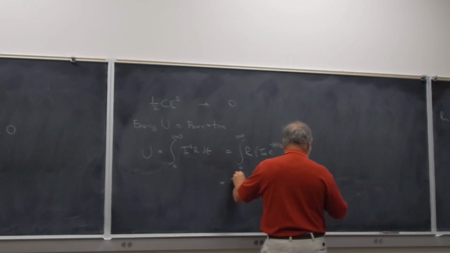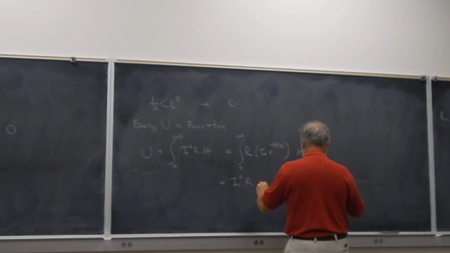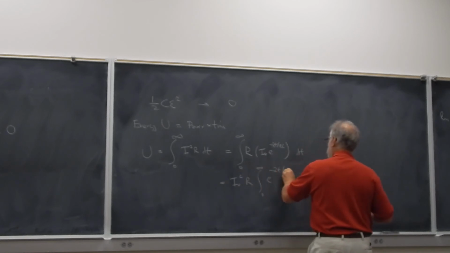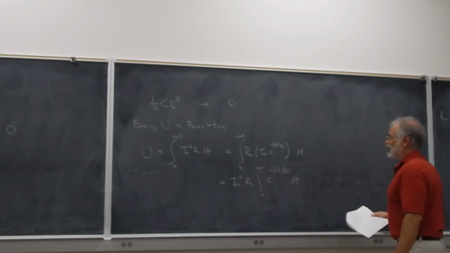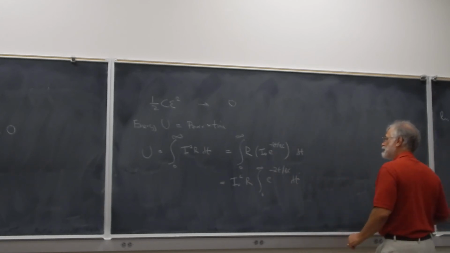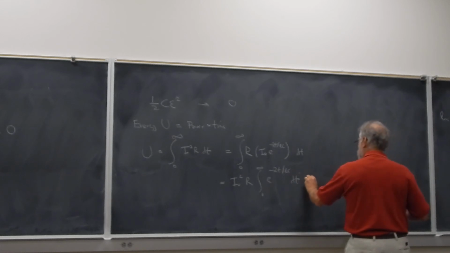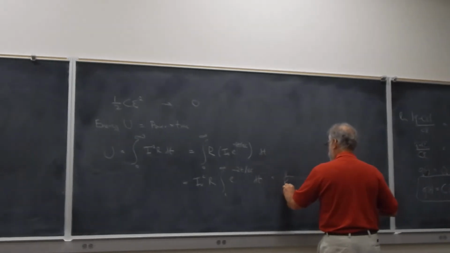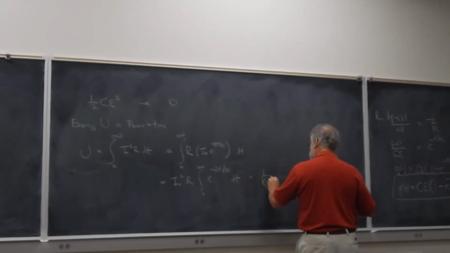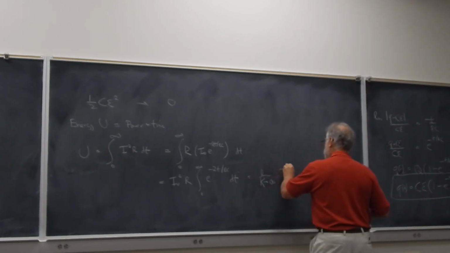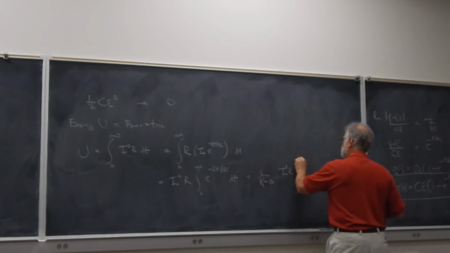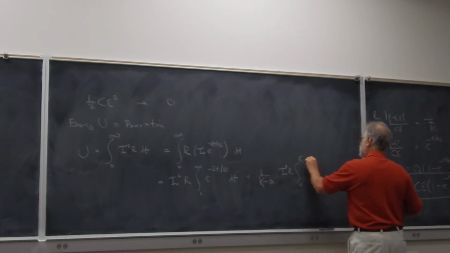which I can write as I naught squared R, integral 0 to infinity, e to the minus 2t over RC dt. I squared R constants, I naught squared. I can write this more properly as take the limit as, let's say k, goes to infinity of the integral I naught squared R, integral 0 to k, e to the minus 2t over RC.